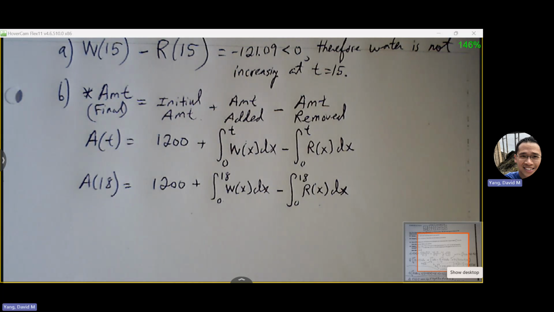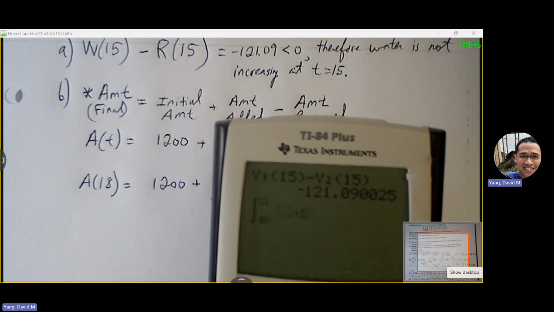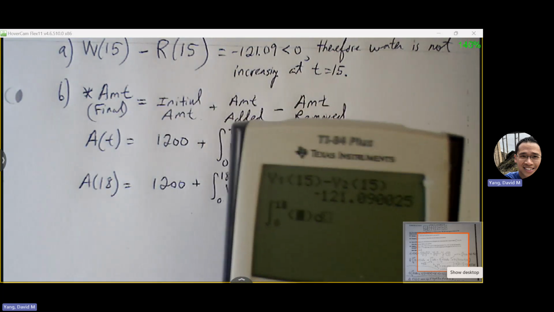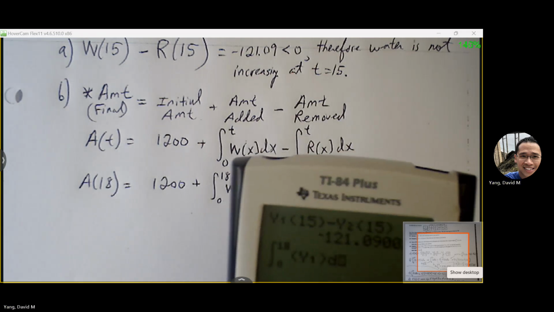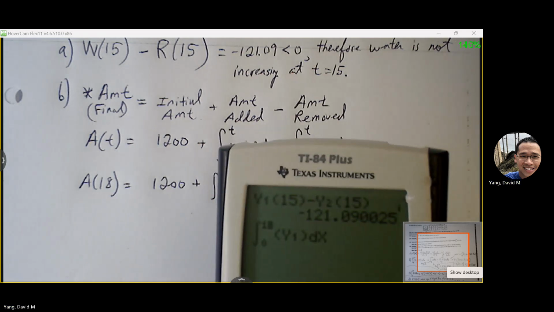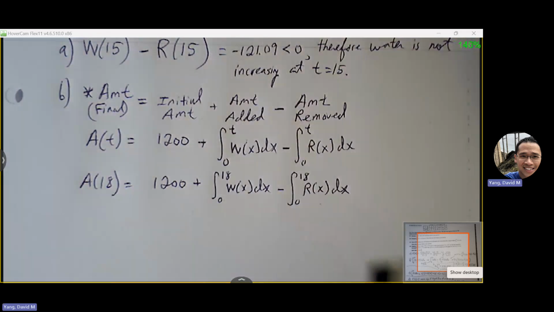Okay, so in our calculator, put this in here. I'll do math 9 from 0 to 18. I have y1 holding my w. So alpha trace y1 dx, which gives 2695.